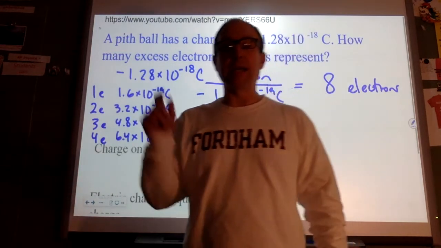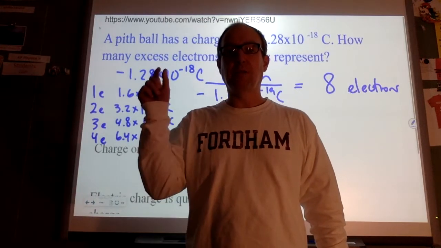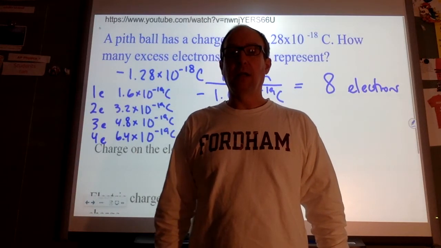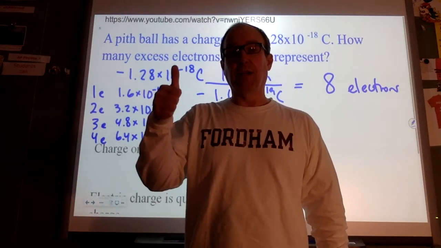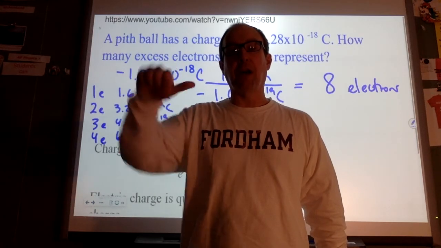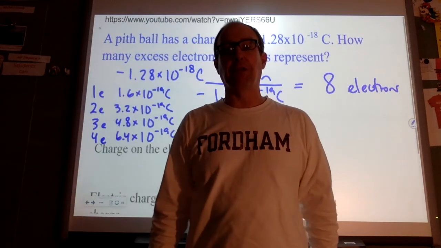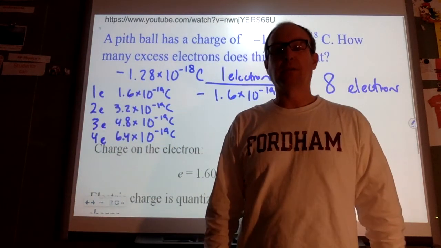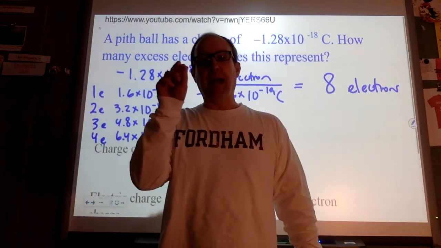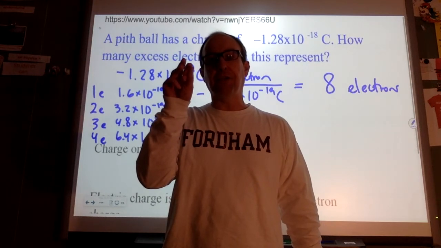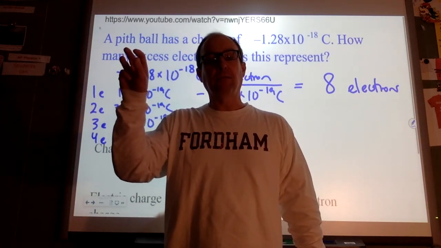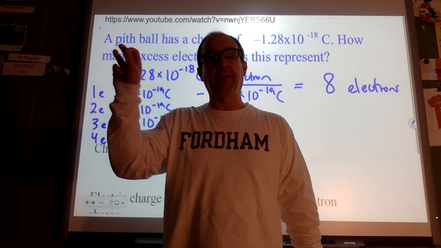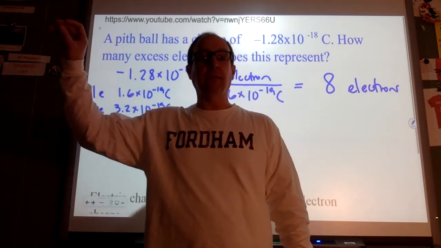He charged drops of oil, and he balanced the electric force that was pushing them up with gravity that was pushing them down. And what he found was that they were clustered, that he had a bunch at a certain value of voltage and then nothing. And there were more at double that voltage, then nothing.